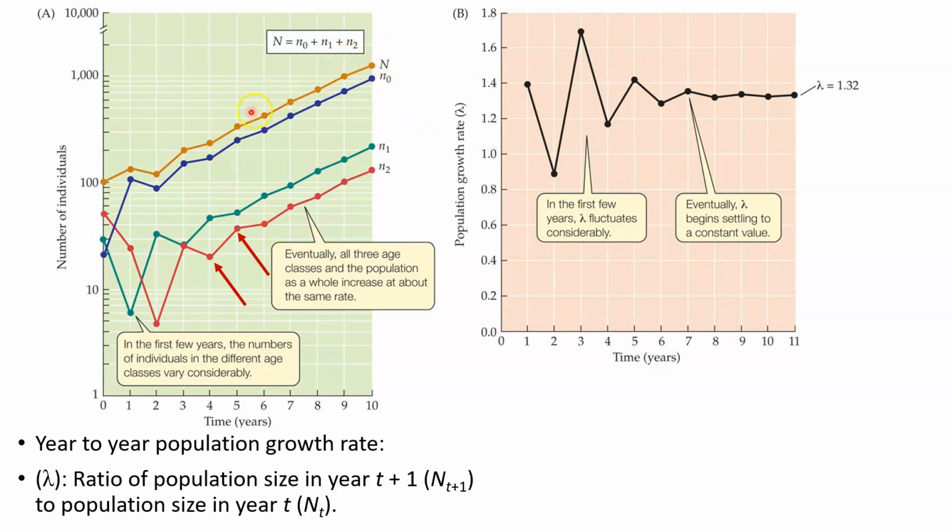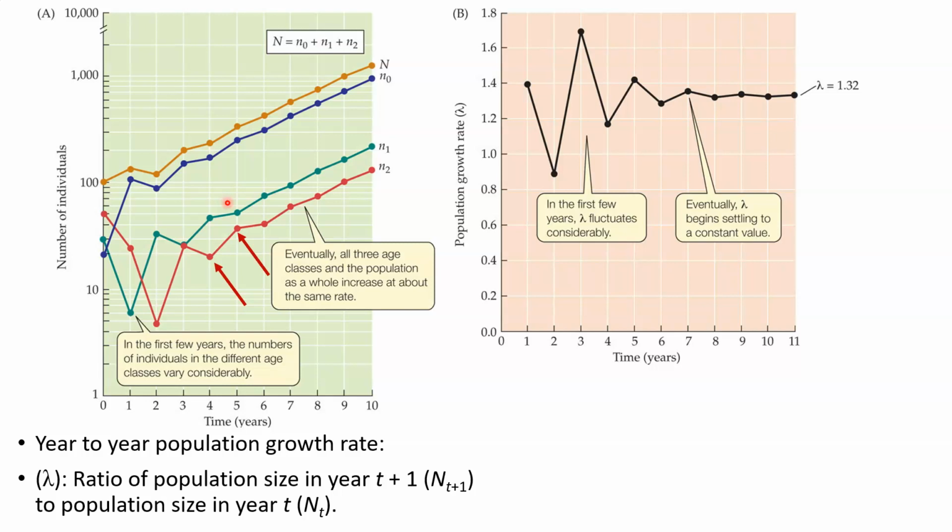And this yellow or orange colored curve is a summation of all three age classes. You can see, although different age classes have significant variations in early population growth, when you sum them up, it averages out. Once massive fluctuations are averaged out by one another, that neutralizes the massive fluctuations.